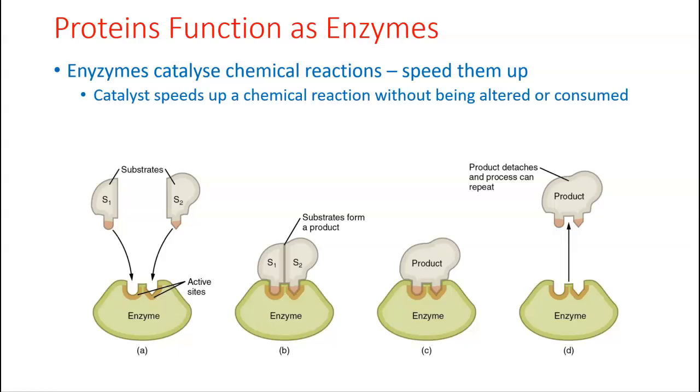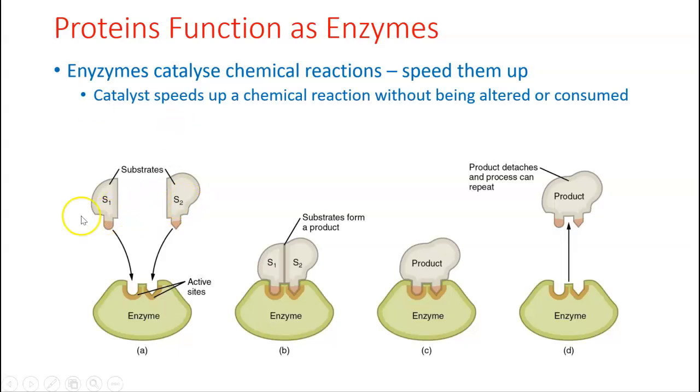As long as your catalytic converter doesn't rust and fall off, it's good for the life of your car because it doesn't get consumed or altered. It just makes that reaction happen every time exhaust flows past it. And that's what enzymes do.